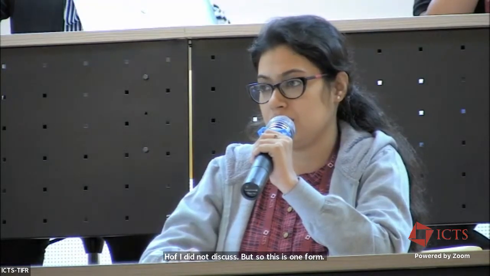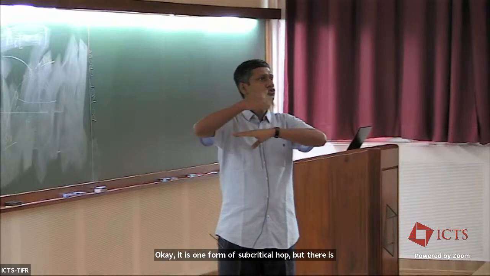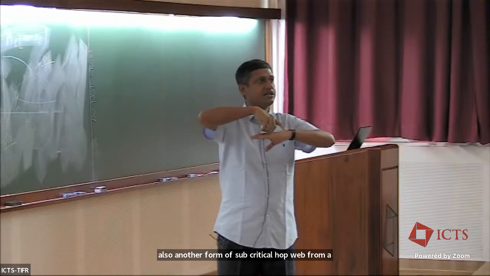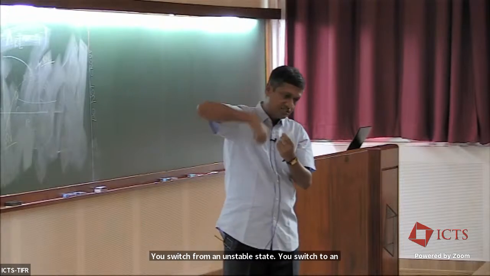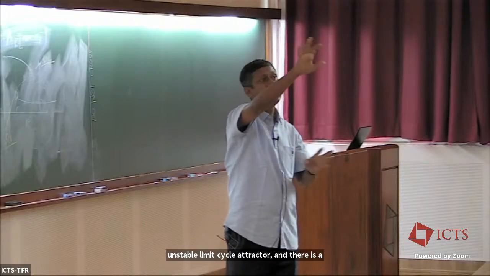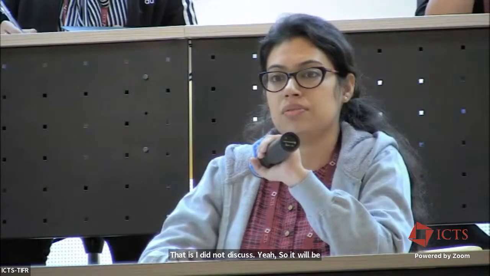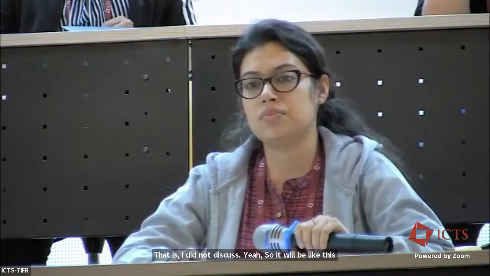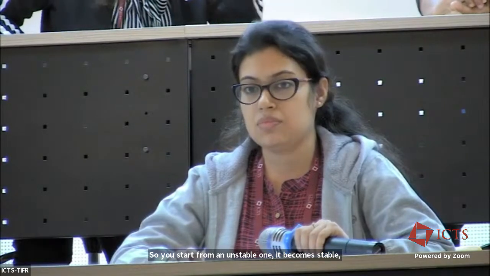There is also another form of subcritical Hopf where from a steady state you switch to an unstable limit cycle, and there is a steady state in between. That I did not discuss here. So it will be like this: you start from an unstable one, it becomes stable, and here you have an unstable limit cycle.